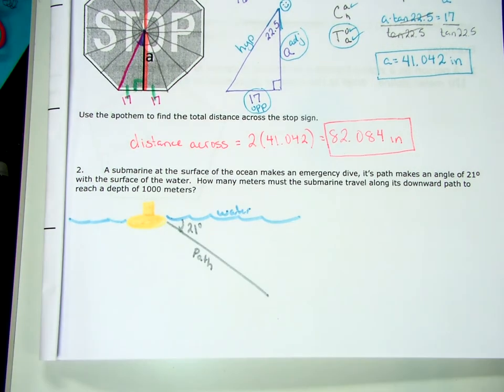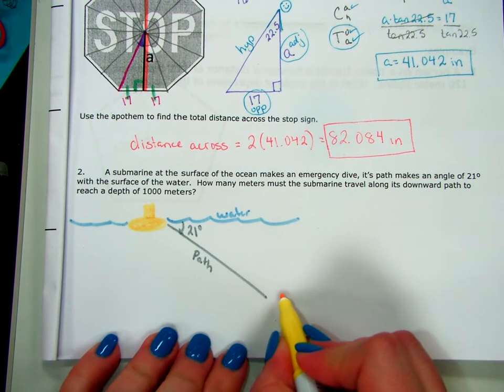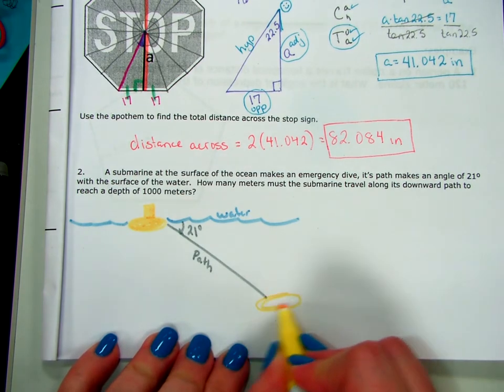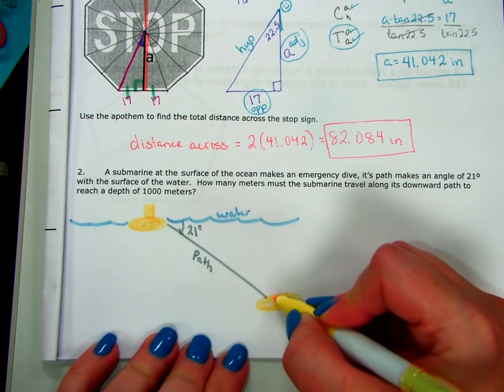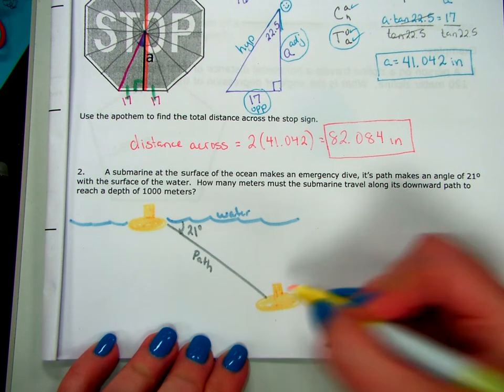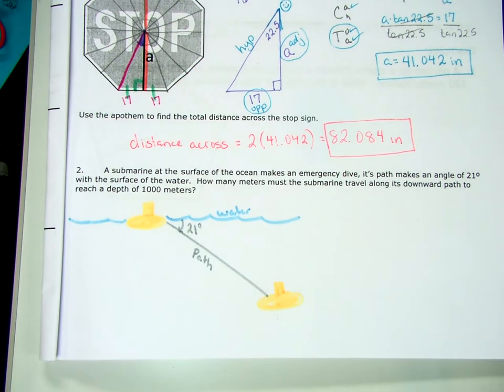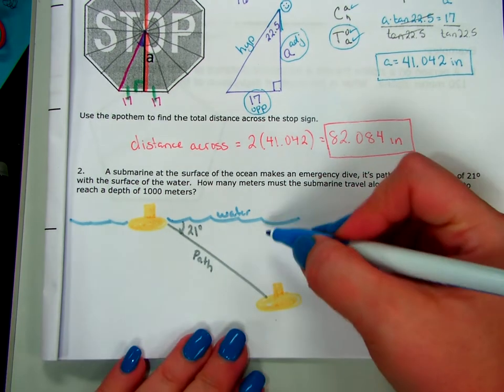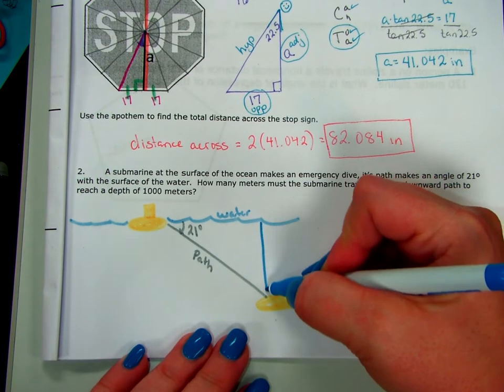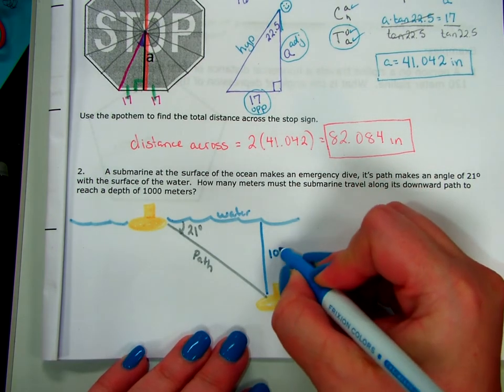How many meters must the submarine travel along its downward path? So when it's down here, it's reached a depth of 1,000 meters. So that means we are now 1,000 meters below the surface of the water.